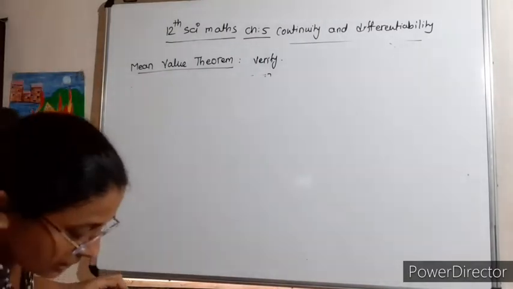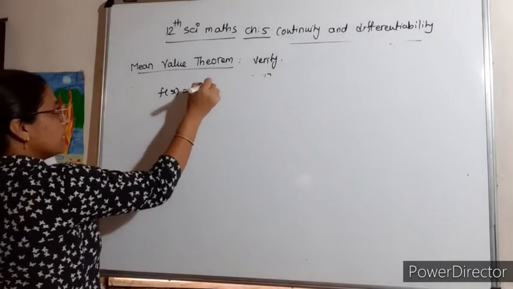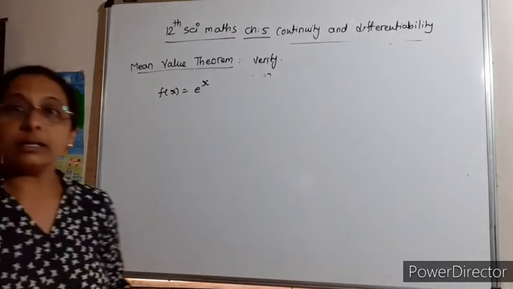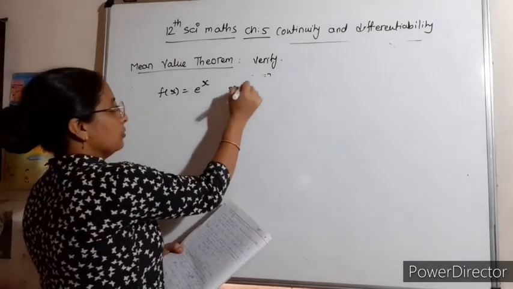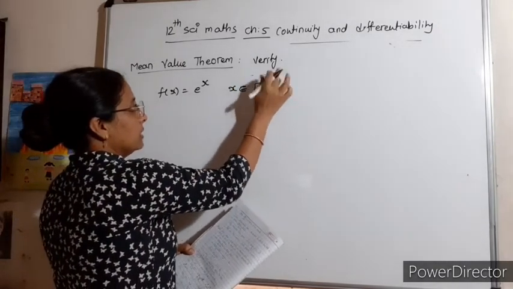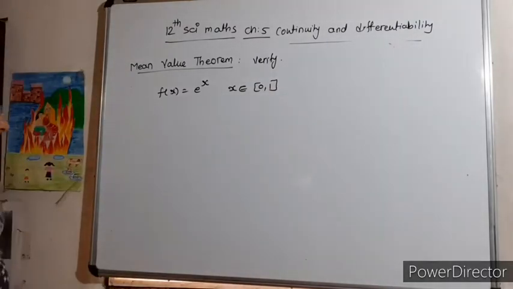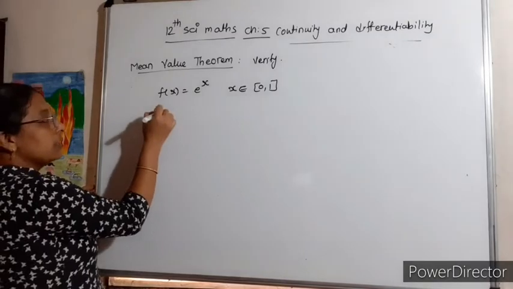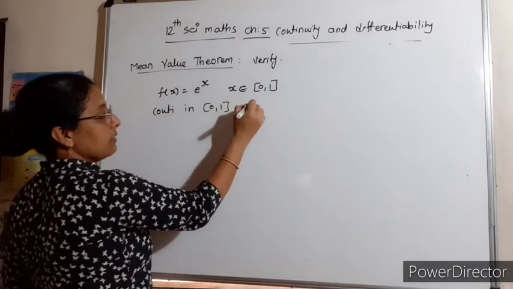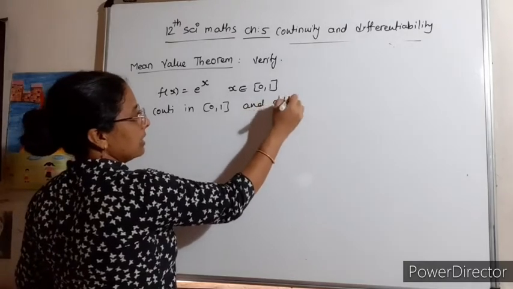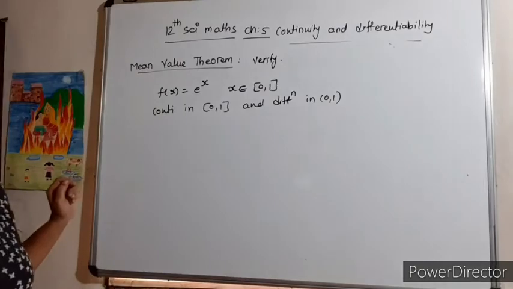Now here it is equal to, will write, f(x) is equal to, the function is given e raised to x, where x belongs to 0 to 1. So first of all, this is continuous in the closed interval [0, 1] and differentiable in the open interval (0, 1).